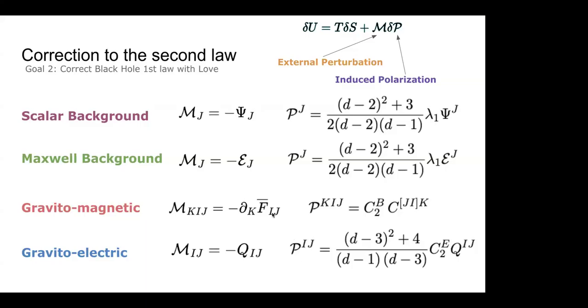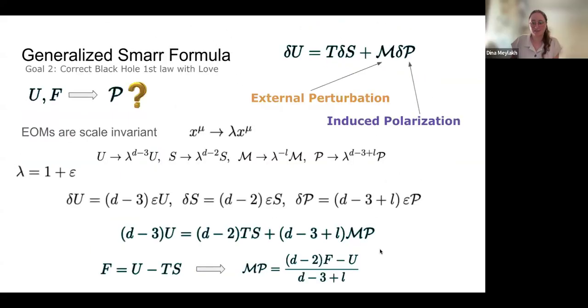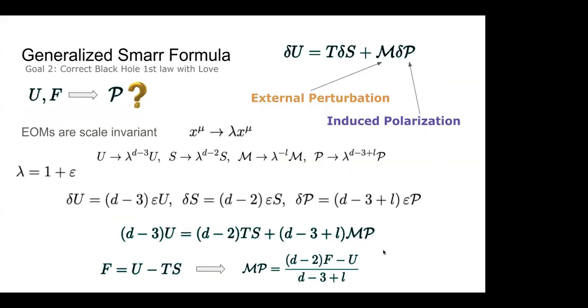Okay. So can you go back to the previous slide? Yeah. Can you explain why you have to use this procedure and not just take a derivative of u with respect to m at fixed s in the usual way that we do thermodynamics?